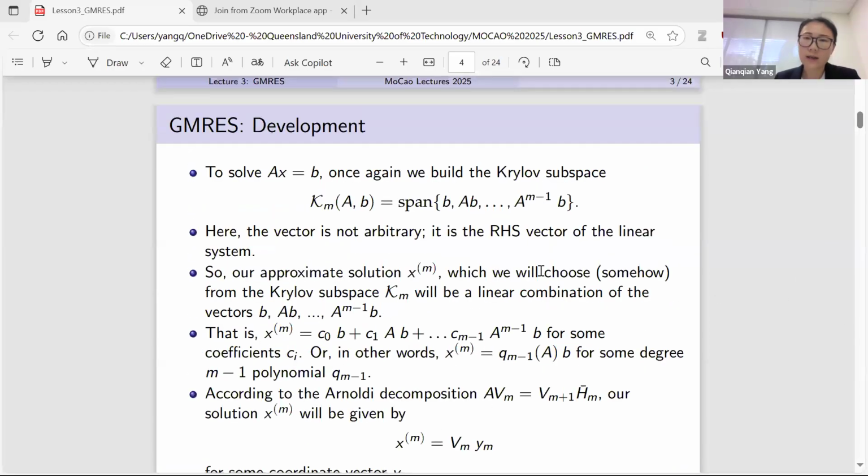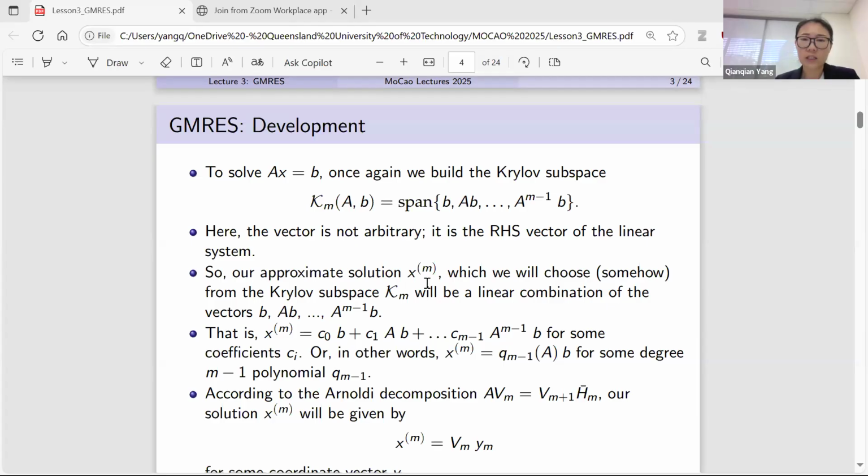So to solve Ax = b, once again, we build the Krylov subspace, which is the span of the vectors b, Ab, A squared b, all the way to A to the power m minus 1 times b. Of course, for our problem now, our vector b is not arbitrary. It comes from the problem you're trying to solve: it's the right-hand side of the linear system.